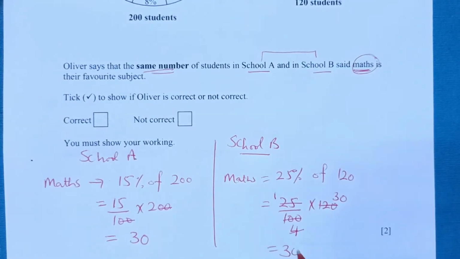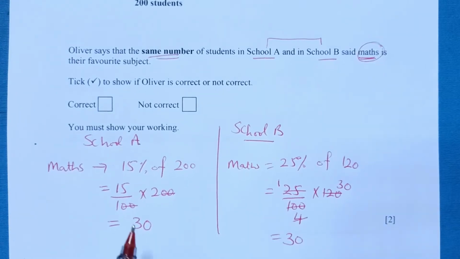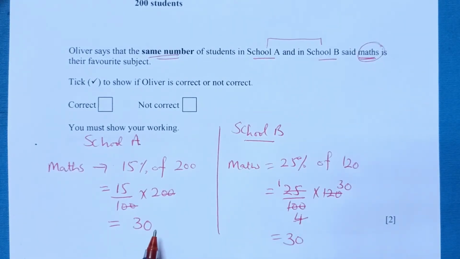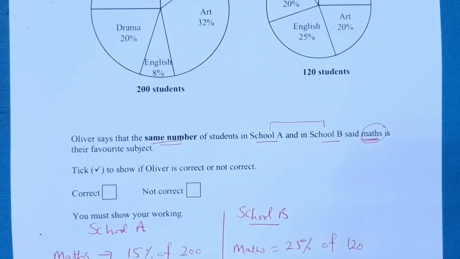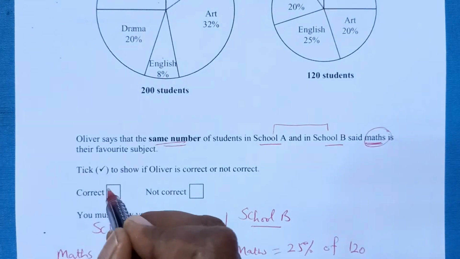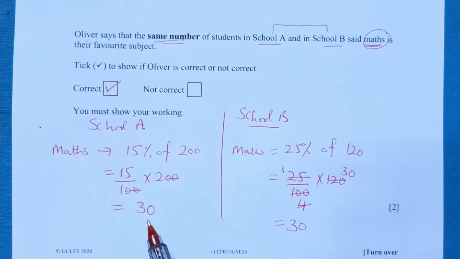So here it is also 30. So we can see in both schools the number of students who like mathematics is 30 students. So he is correct. So we are going to tick here on correct, and our working is already here.